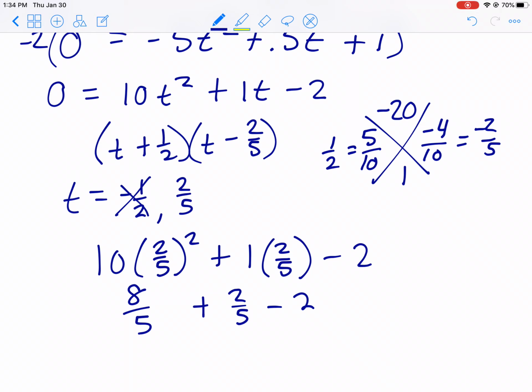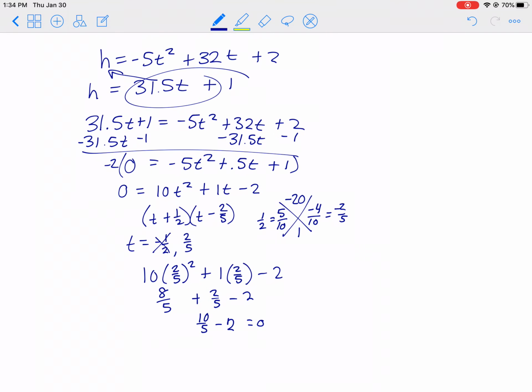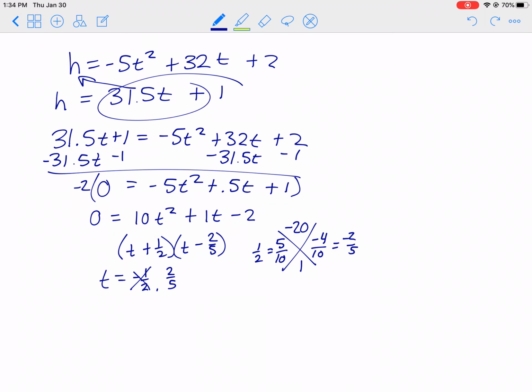I guess divide both by 5. Okay, so then that'd be 10/5 minus 2. 10/5 is 2. 2 minus 2 is 0. Oh, I didn't need to plug it back into that equation. My bad. So sorry. We need to plug it into one of our original equations. Sorry, I wish I knew how to edit so I could get rid of that, but I don't, I'm afraid.